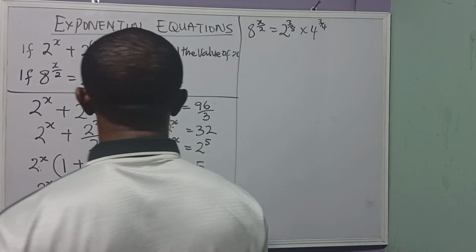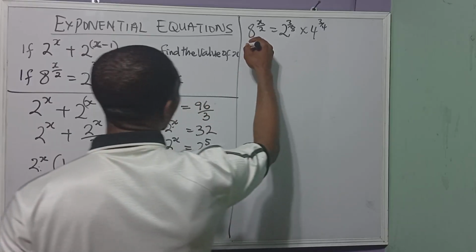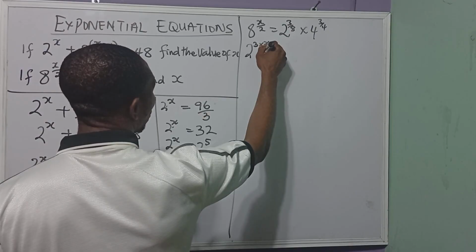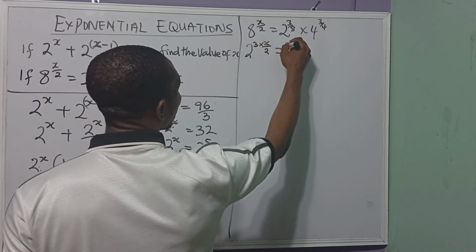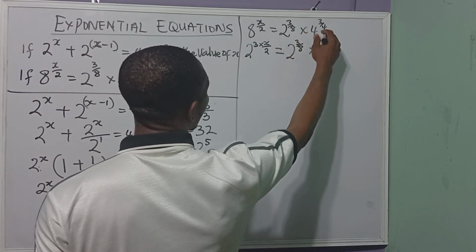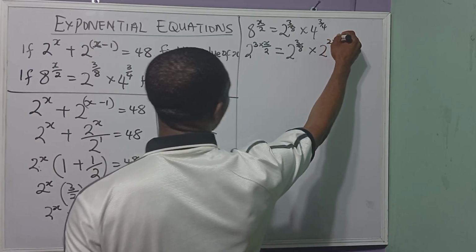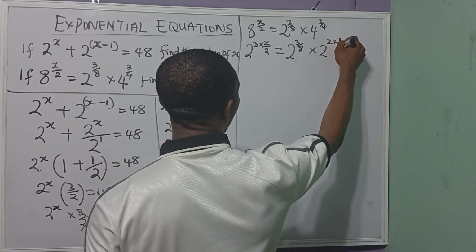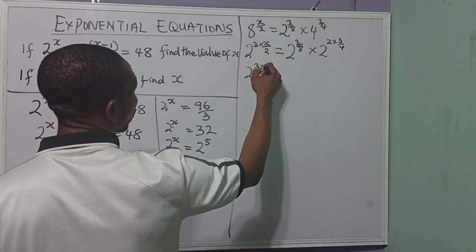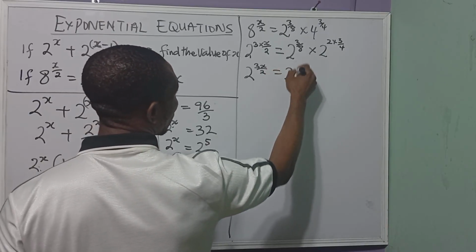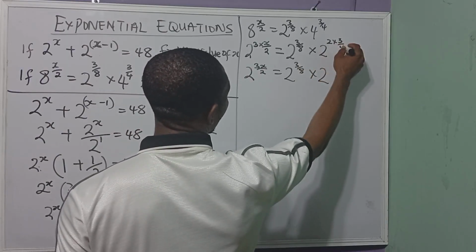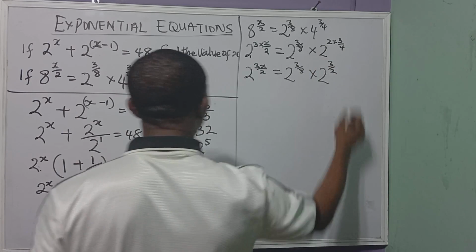For us to find the value of x, let's break this down into base 2. 8 will give us 2 raised to power 3x over 2 equals 2 raised to power 3 over 8 times 2 raised to power 2 times 3 over 4. This gives us 2 raised to power 3x over 2 equals 2 raised to power 3 over 8 times 2 raised to power 3 over 2.